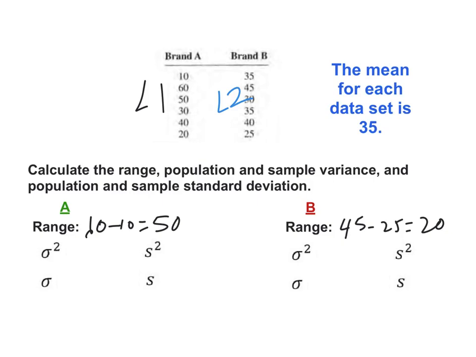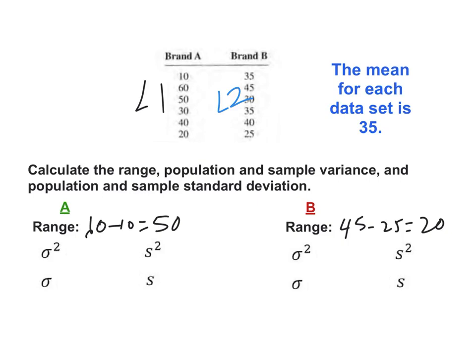Now, because each of you have a different model to some extent, some of you have the same ones, some of you have older ones, the steps to calculate the standard deviation, sample, population, and variance are going to be a little bit different in terms of mechanically typing it into your calculator.